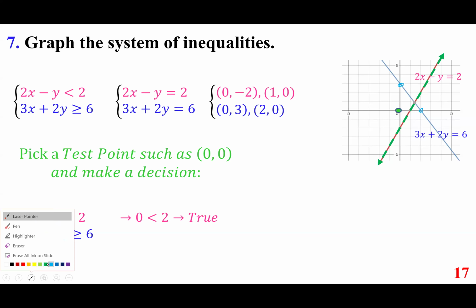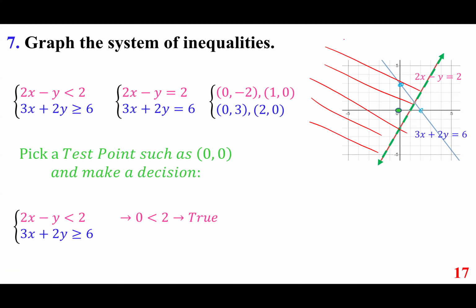In fact, let me do that with red. So because 0, 0 works, this would be the solution for the first inequality. In fact, if we just had this one, we would be done.